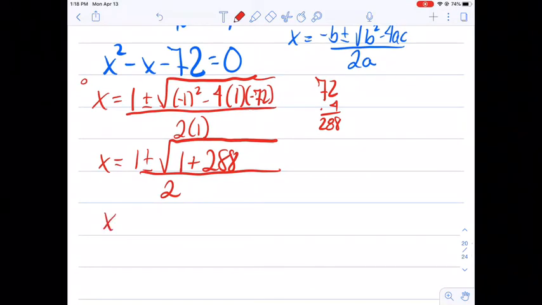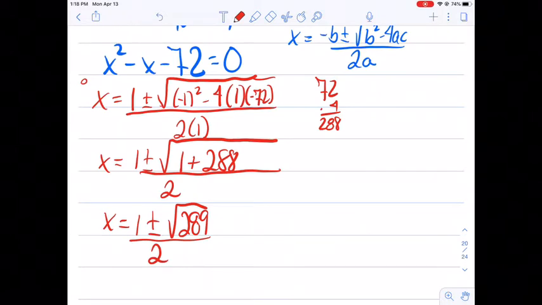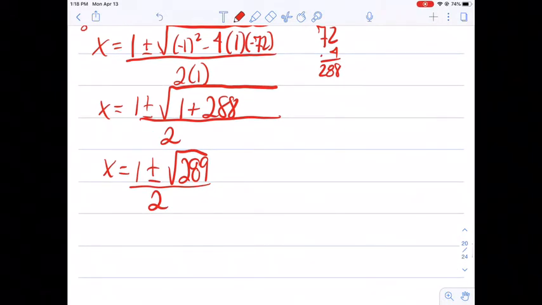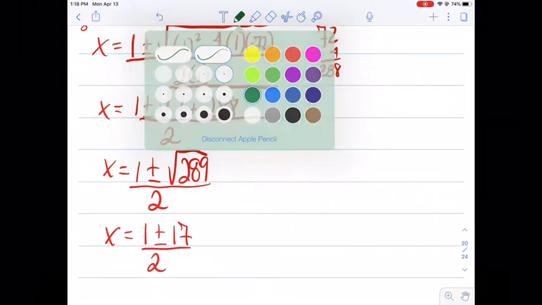Then I have x equals, add those up in the radical, 1 plus or minus the square root of 289 over 2. Luckily for us, the square root of 289 is 17. So x equals 1 plus or minus 17 over 2.